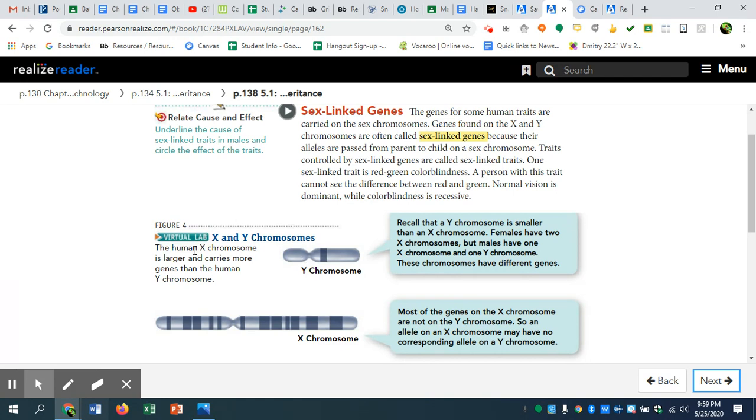Now you can see here in this picture, here's the smaller Y chromosome, and it only has one allele on it. Here's the X chromosome, and look at all these different alleles. So the X chromosome carries a lot more variation, a lot more chances of different traits on that. Okay. So color blindness is actually carried on the X chromosome.